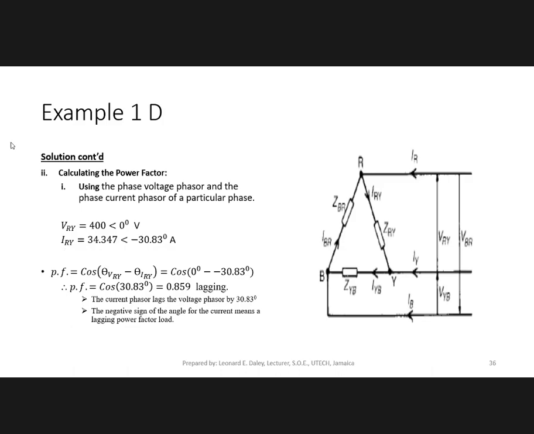And it's lagging because the current here is minus, right? So we know that the current is lagging the voltage phasor for the particular phase.